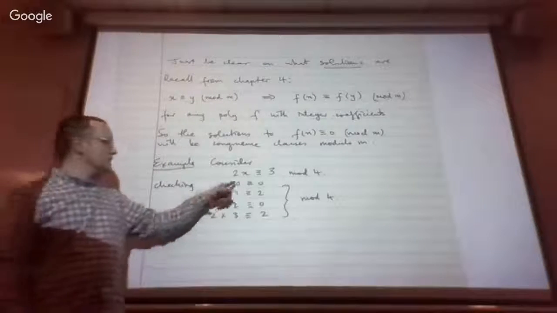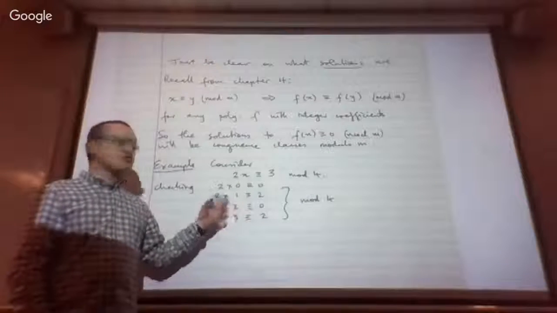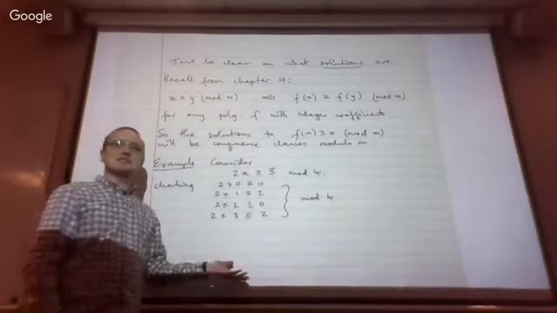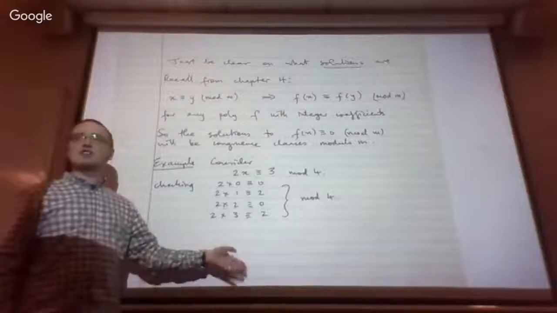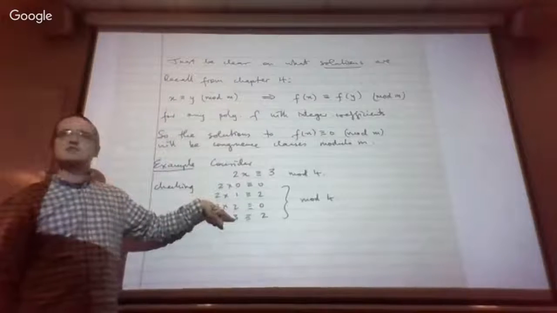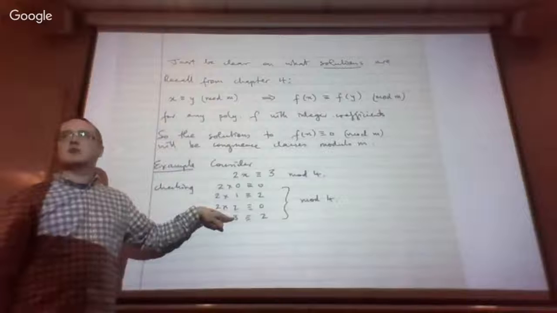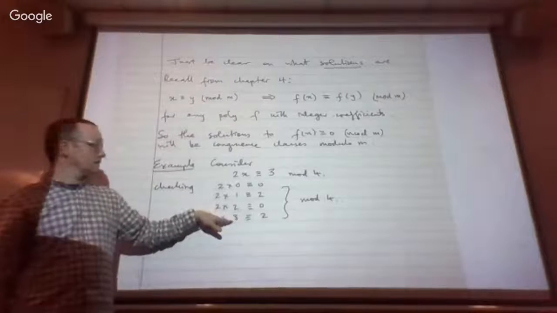I certainly don't need to go checking any other possibilities for x. I don't need to check x equals 10 or x equals 17, because whatever other integers I try for x, they will always be congruent to one of these, modulo 4, okay? Because this is a complete set of residues, modulo 4, 0 through 3.